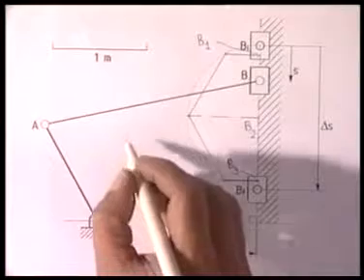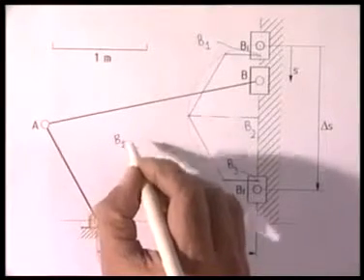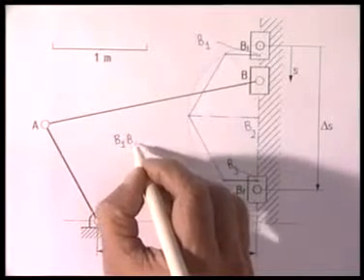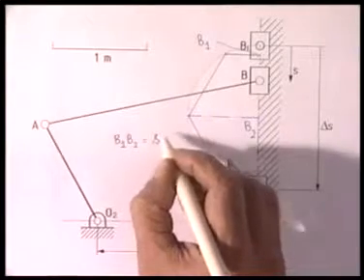So B1, B2, that is the travel of the fork, we represent by S12.